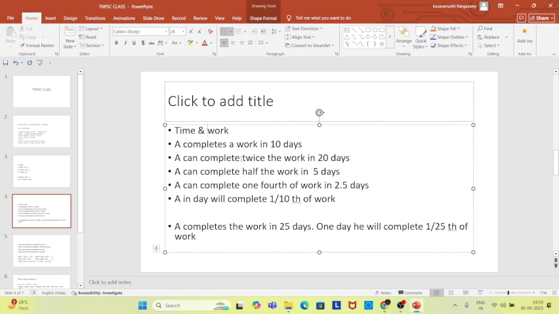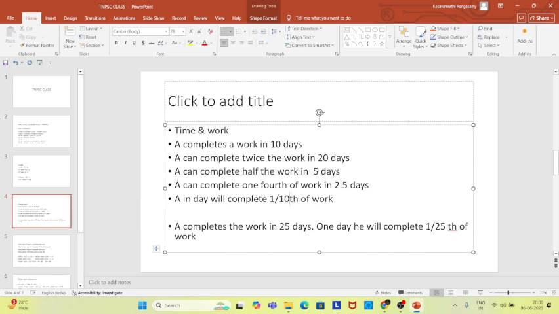So now we are coming to one thing. A in one day will complete how much work? 1 by 10th of the work. This fundamental you have to be very clear. If a person completes a work in 10 days, in one day he will complete 1 by 10th of the work.